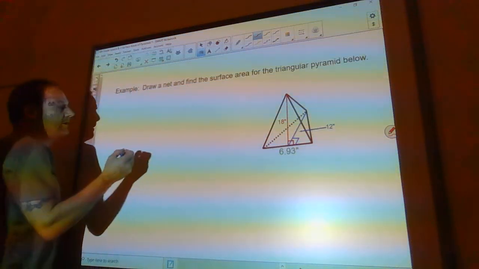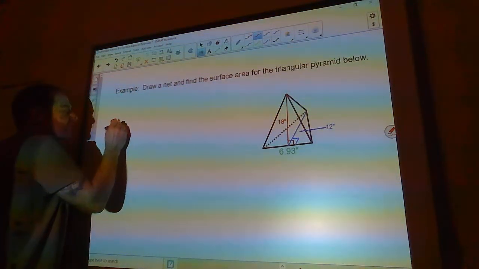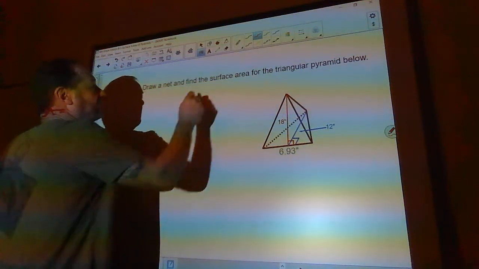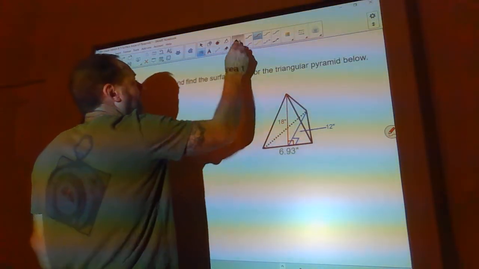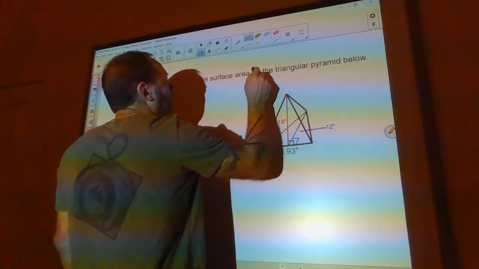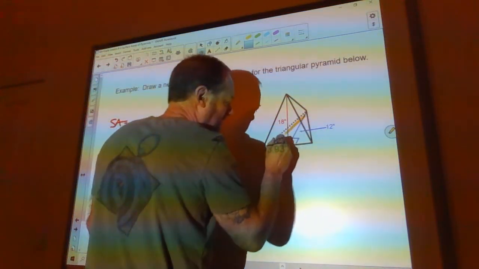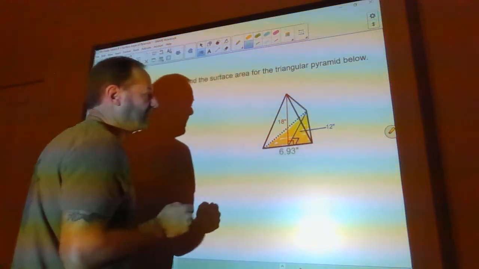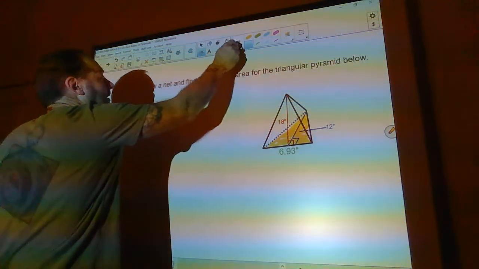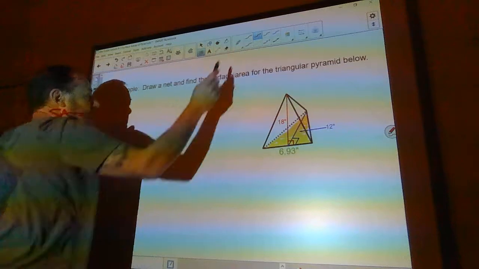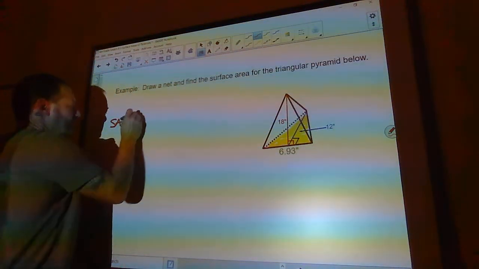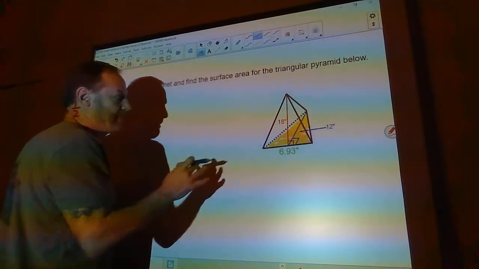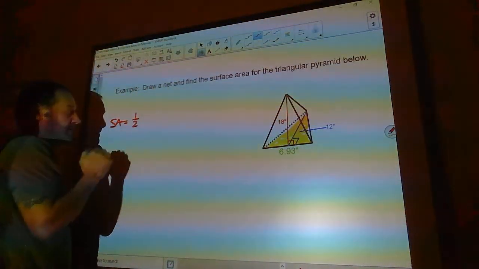So we're going to start out here, we're going to say the surface area is going to be the base. Let's get our highlighter. There's the base. When I say base here, this is capital B because it's an area of a base.